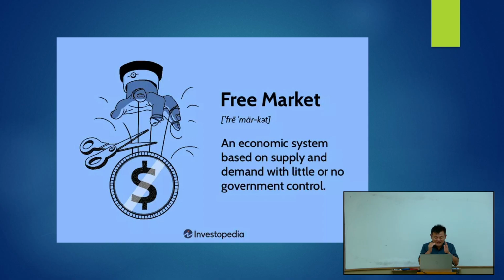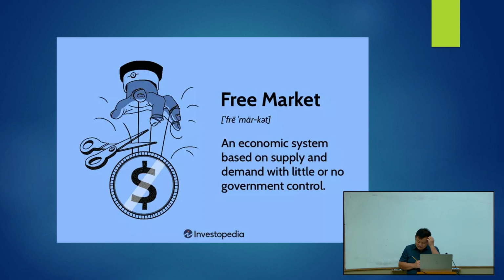In a free market, theoretically there are two concerned parties, and they exchange their products freely. Trade, sell, or buy. And then we say this is a free market.